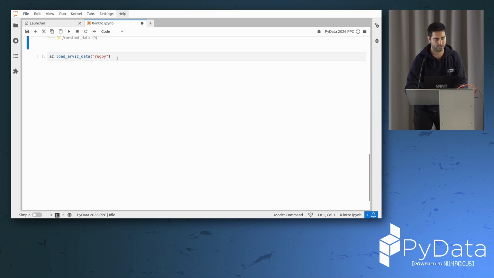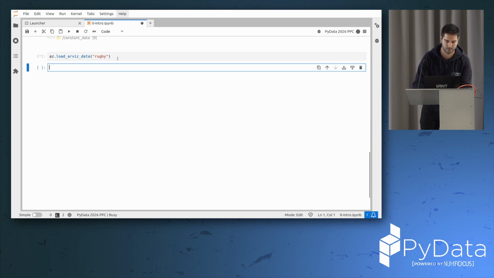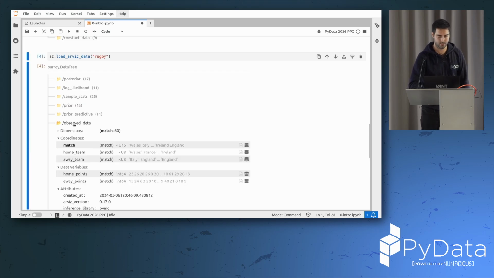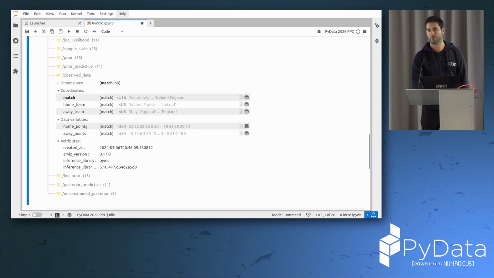Good. I have another example that is a bit more complex. In this case, we have observations, 2 variables. This is from results of the Six Nations Championship rugby competition. So we have the points that were scored by the home team and the points that were scored by the away team for each of the matches.